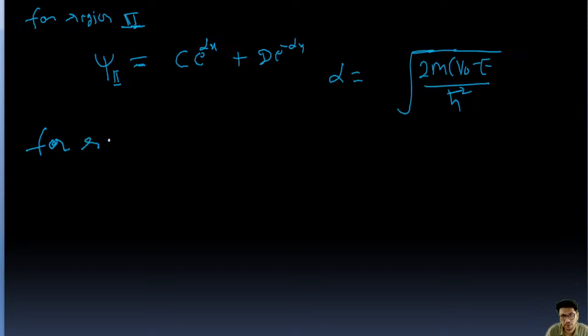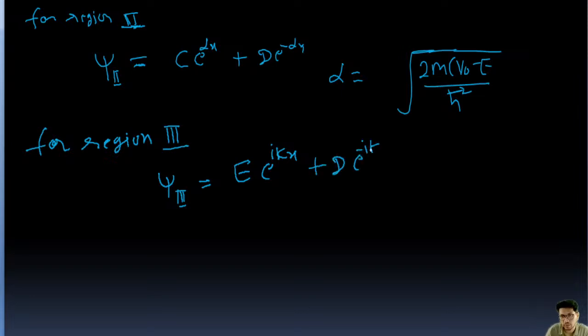Now for region third, psi3 is going to be e to the power iota kx plus D e to the power minus iota kx.